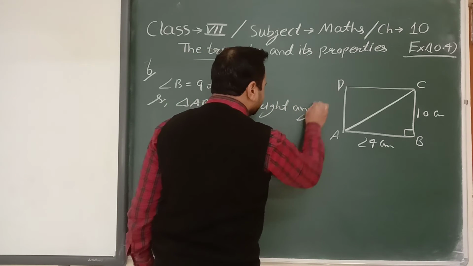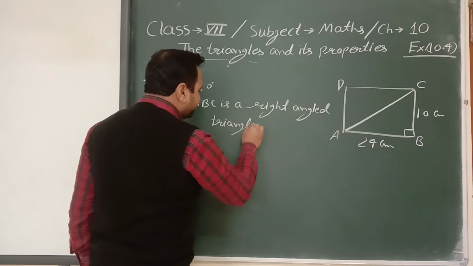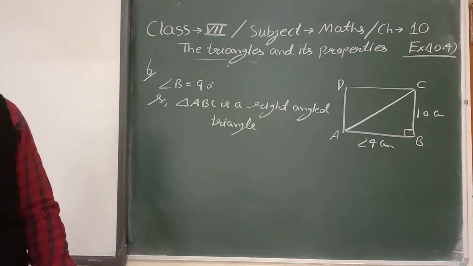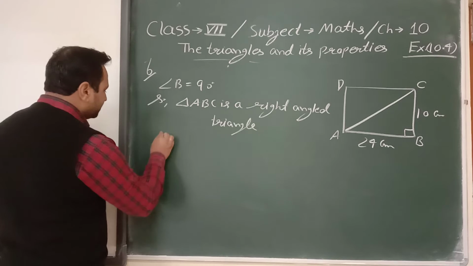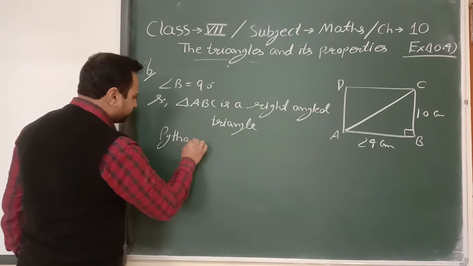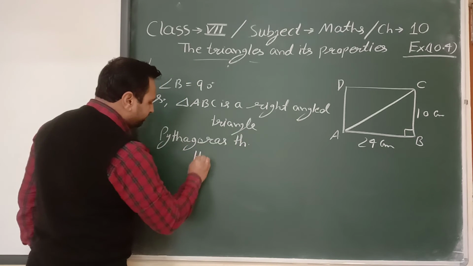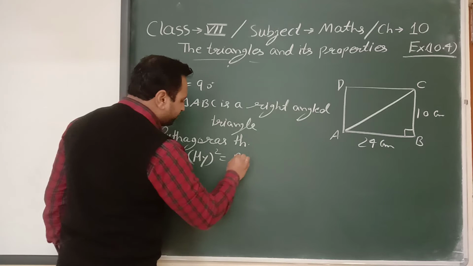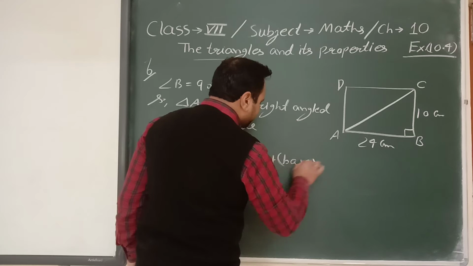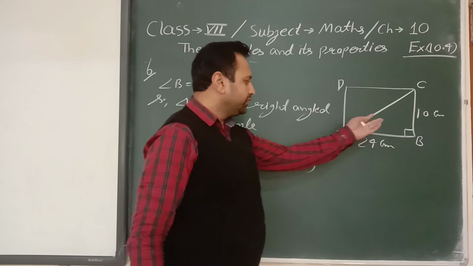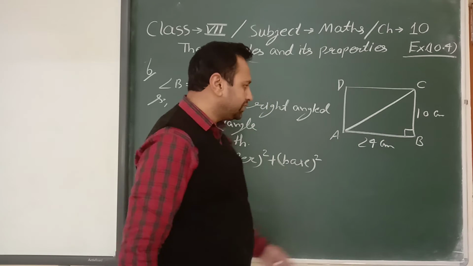Is a right angled triangle, and because it is a right angle triangle, so we can use Pythagoras theorem. And what is the Pythagoras theorem? Hypotenuse square is equal to perpendicular square plus base square. And in this question, we know that the side opposite to 90 degree is called hypotenuse, and we have to calculate hypotenuse.